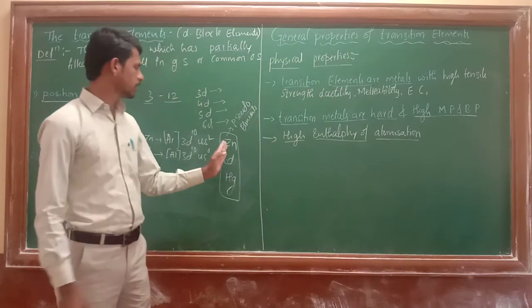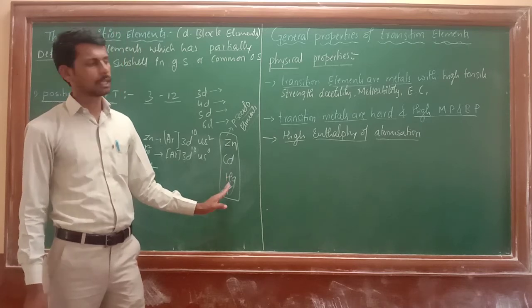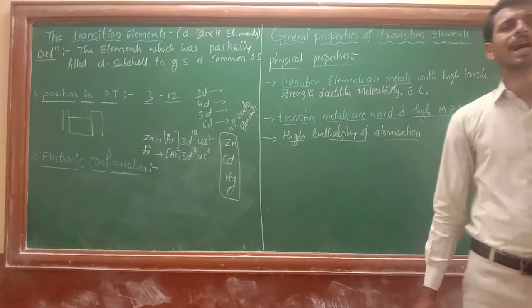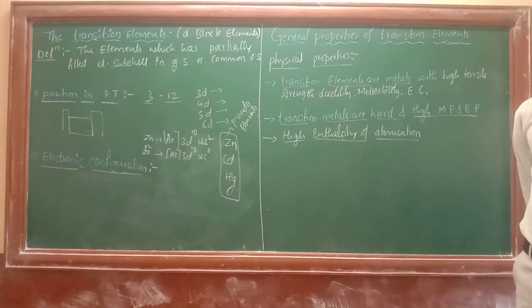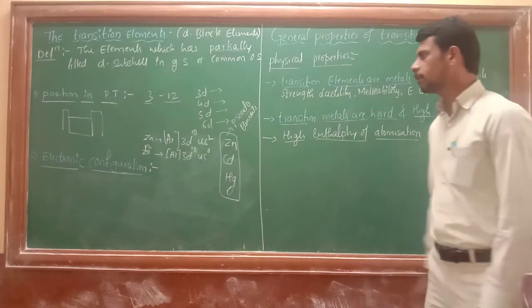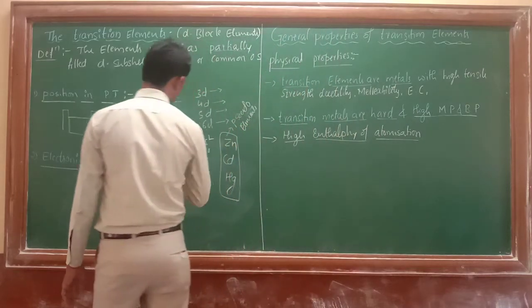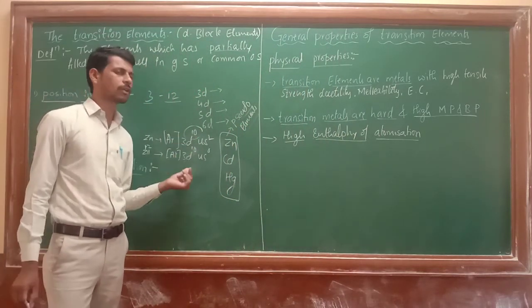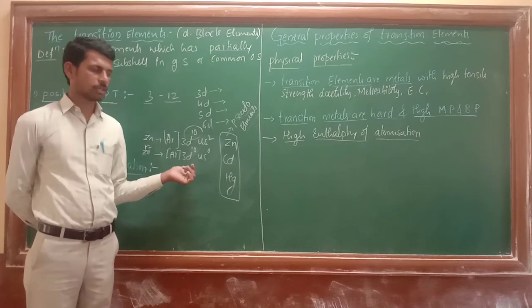But zinc, cadmium and mercury have low atomization enthalpy because they have completely filled orbitals. There is no valence electron and no unpaired electrons in the d orbitals.